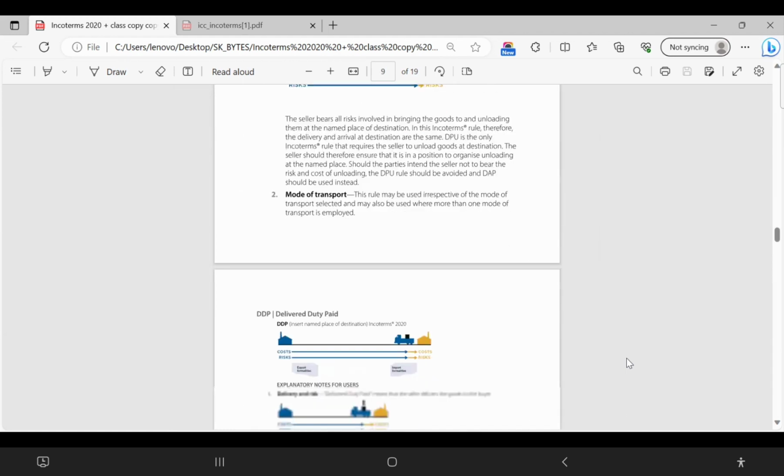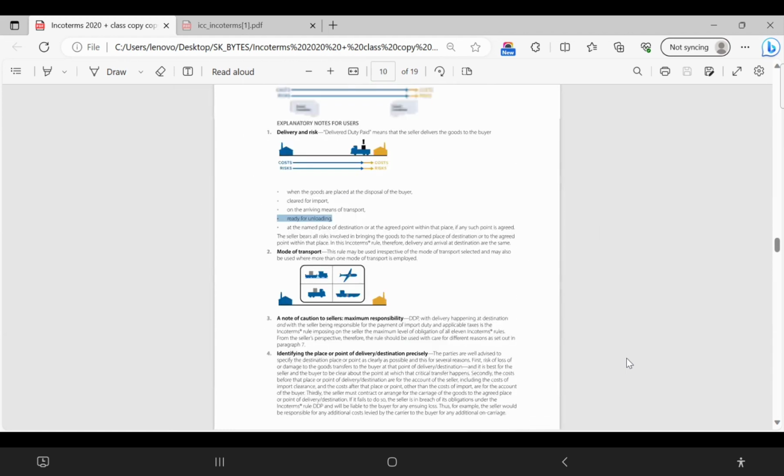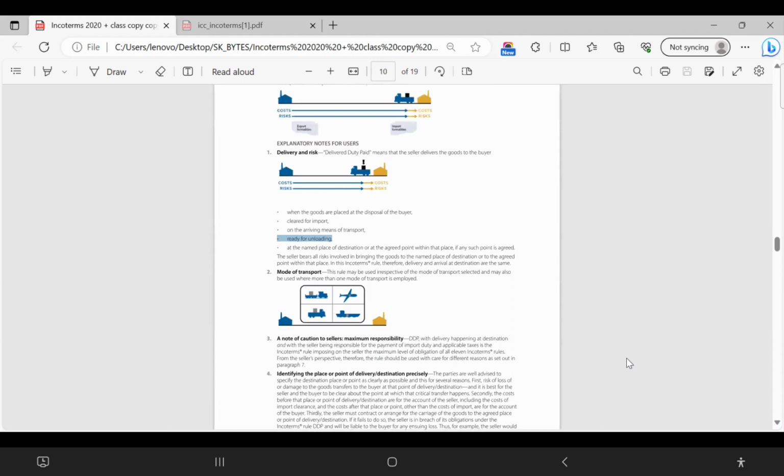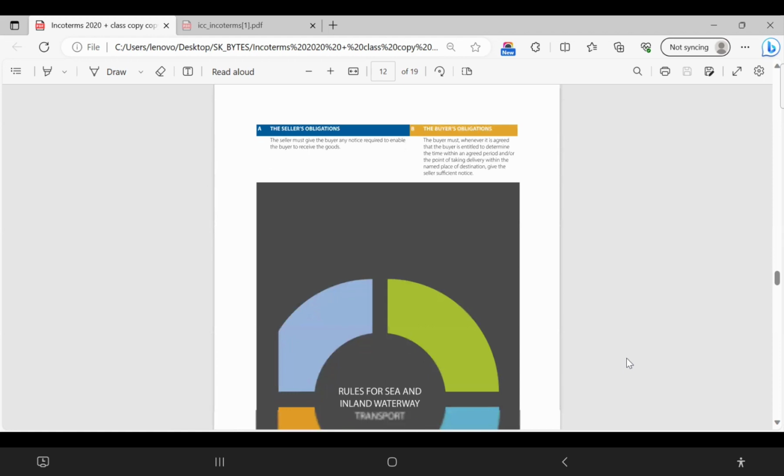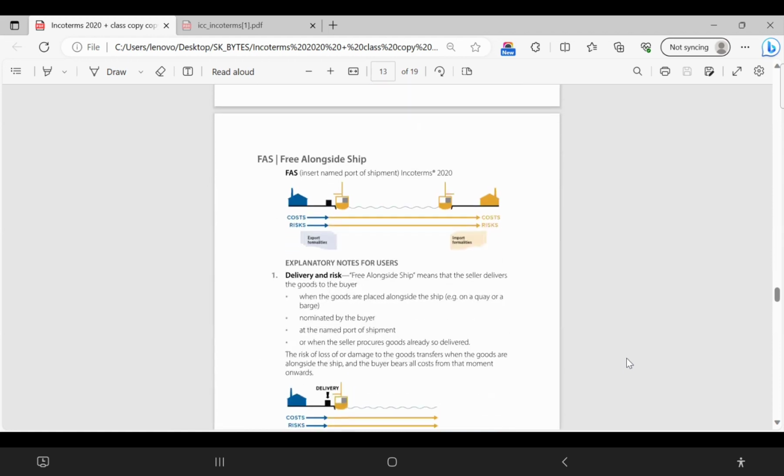Okay. Any doubt so far? So far, we discussed 7 Incoterms that can be used for any mode of transportation. Now we have the remaining 4 Incoterms.